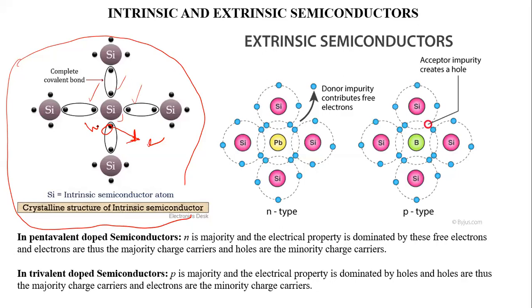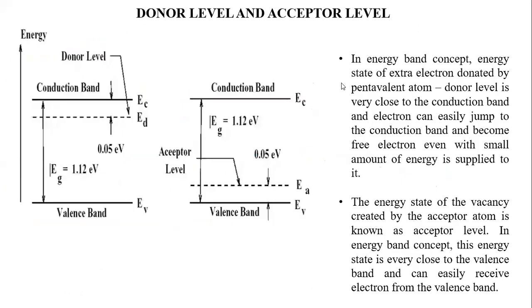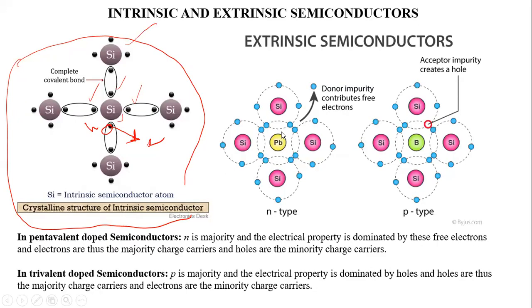In the silicon crystal, the constituting atom is silicon, but if we insert another element into the silicon crystal, this is called extrinsic or doping. So inserting another atom is called doping.